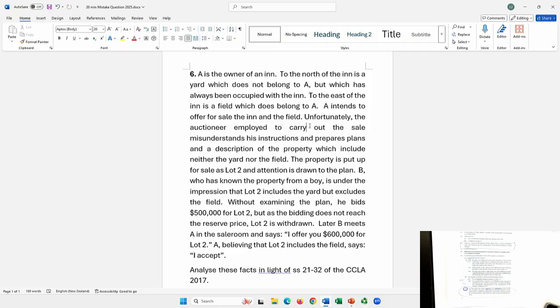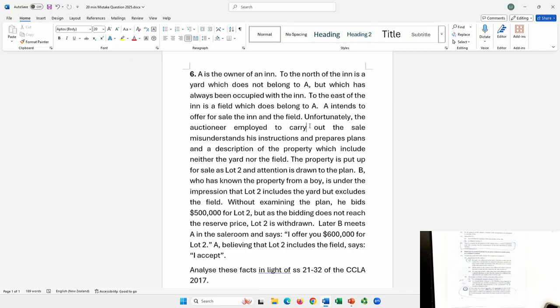Then you need to ask, is that substantially unequal? We don't know what the value of the inn is, but the fact that the vendor was prepared to sell the inn and the field for 600,000 suggests that 600,000 is probably too high for just the inn by itself. But we don't know that. Party A might just have been desperate to sell because it had been passed in at auction.